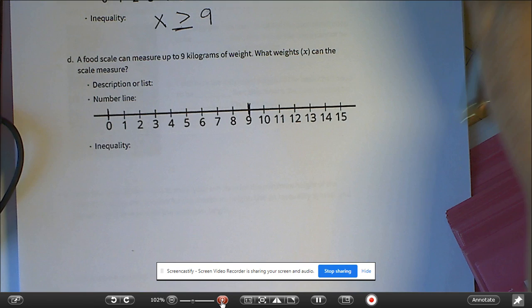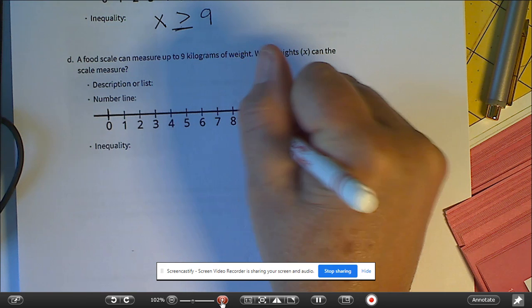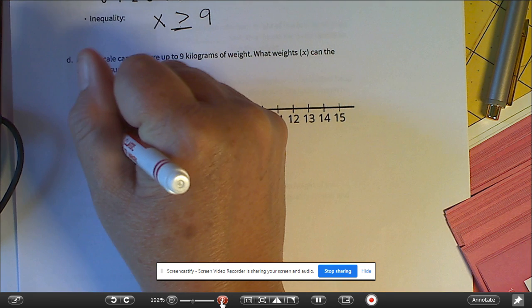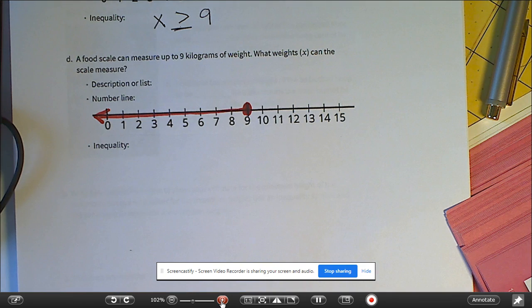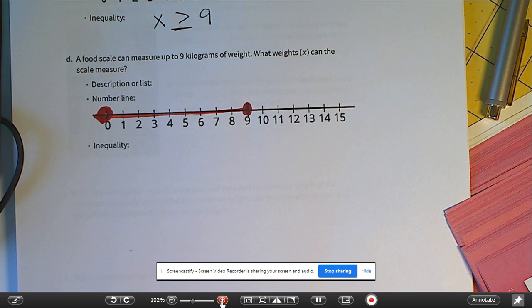Which means it's going to be 9, including 9, or less. So actually it's going to be a dot there because you can't weigh something that's negative.